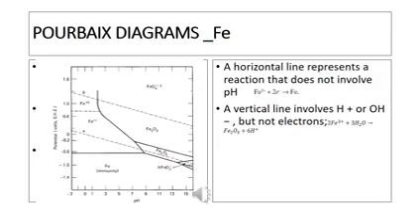I think those are the major things that we need to take from this picture. Then we also have those three regions for water, where at the top the water is not stable, in between it is stable, and at the bottom it is not stable, it involves hydrogen.